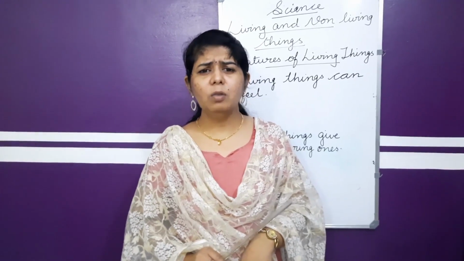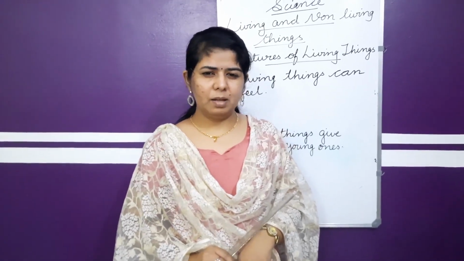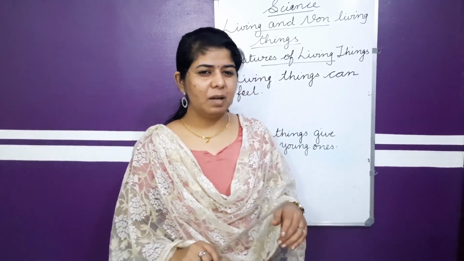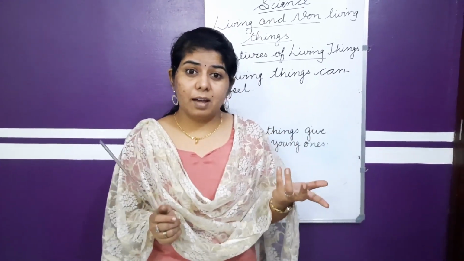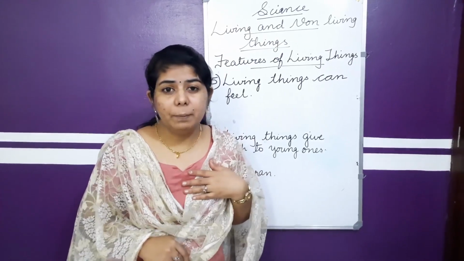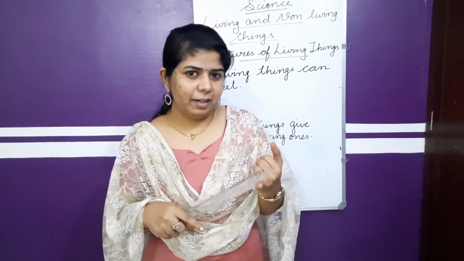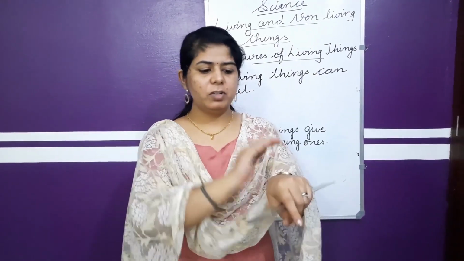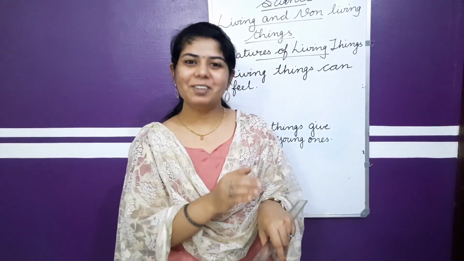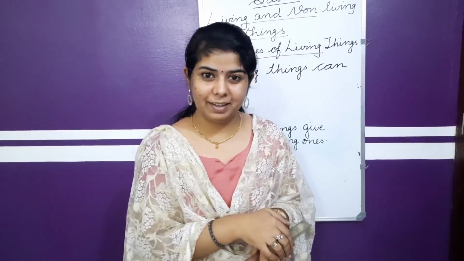What will you feel at that time? Some children will be laughing. Sometimes your mama has not beaten you till now, and you will feel very sad. It will be painful for you, isn't it? So that is one feeling, pain. Otherwise, if she is patting you, you will feel very happy at that time.